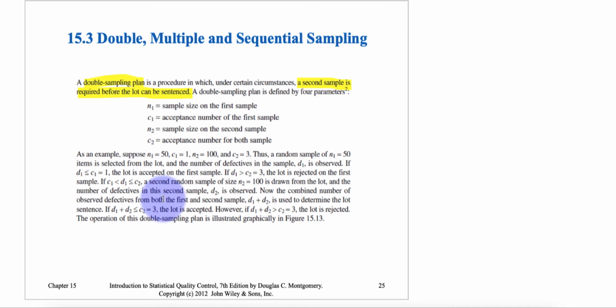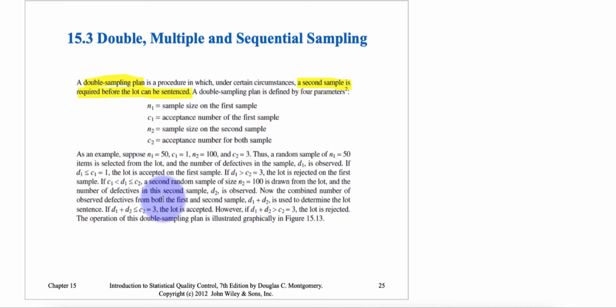Either we will take the first sample, then we will make a lot disposition, and this disposition will be to accept the lot, and we don't need to go with the second sample. But if we do not accept the lot, we need to go with the second sample.